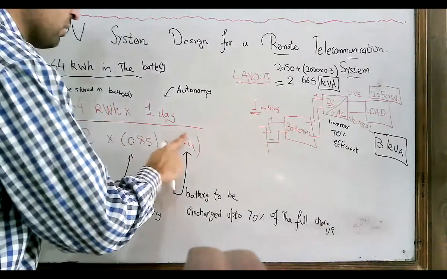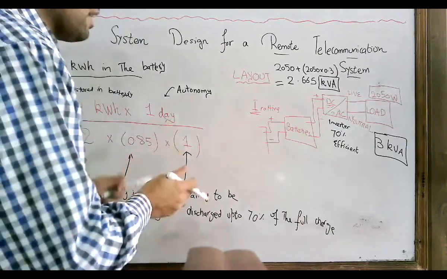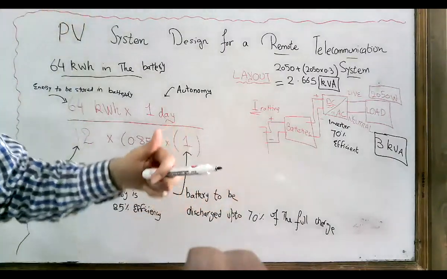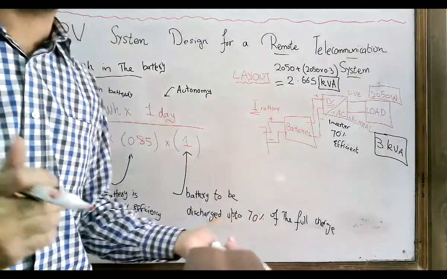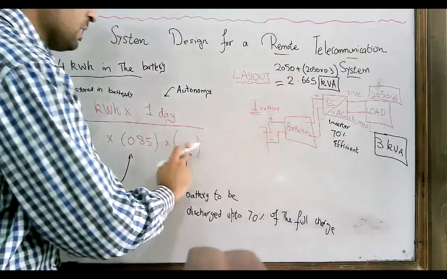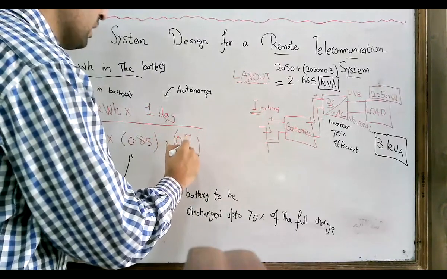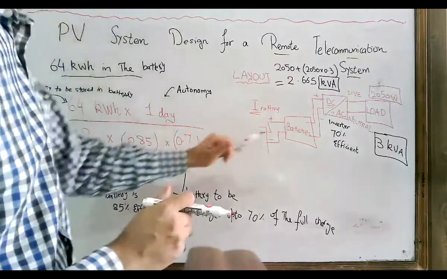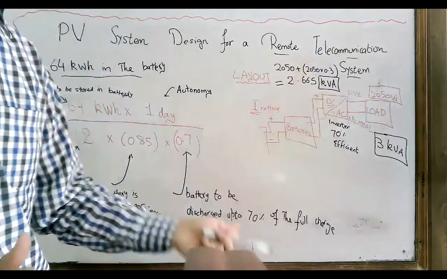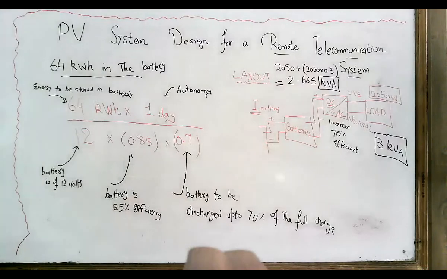You can also take it to 1. That is, your battery will be fully discharged during 1 day and then charged again. So in general, it's better to take it around 0.7. That is, our battery will be discharged up to 70% of its total charge.